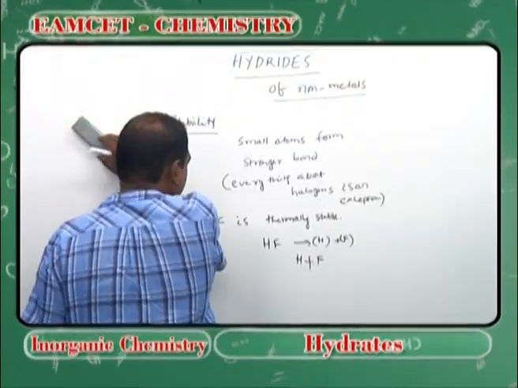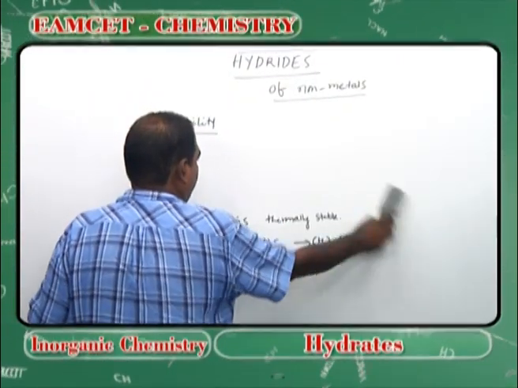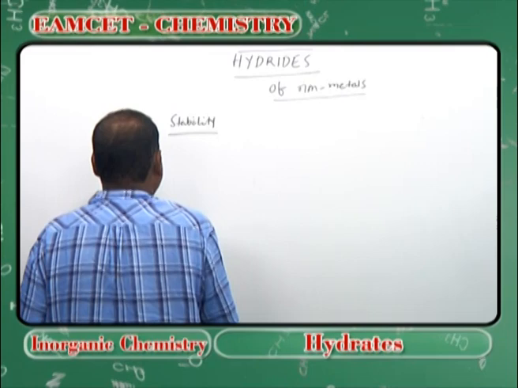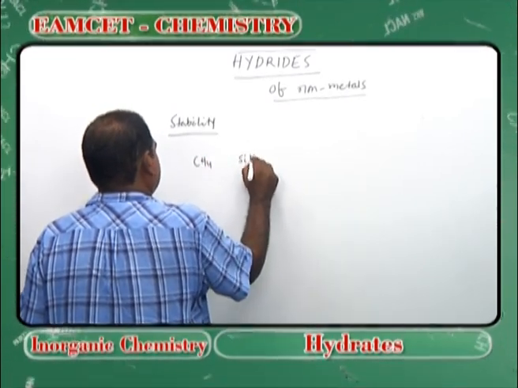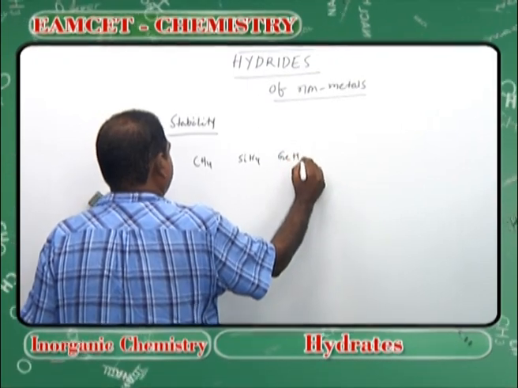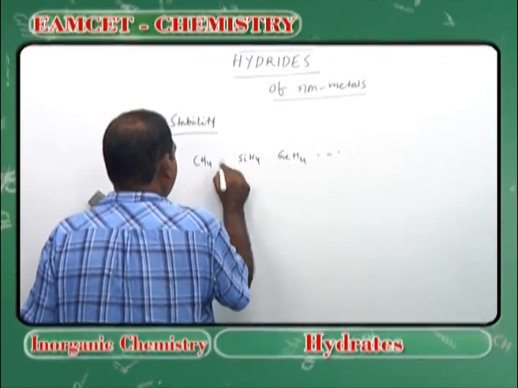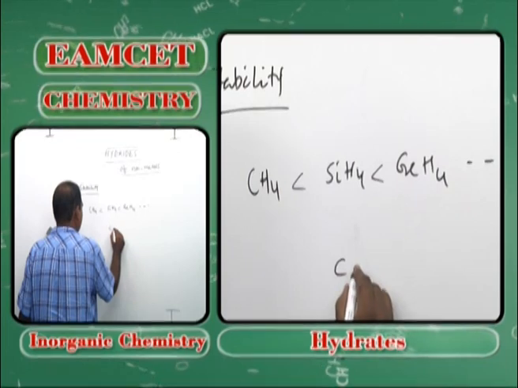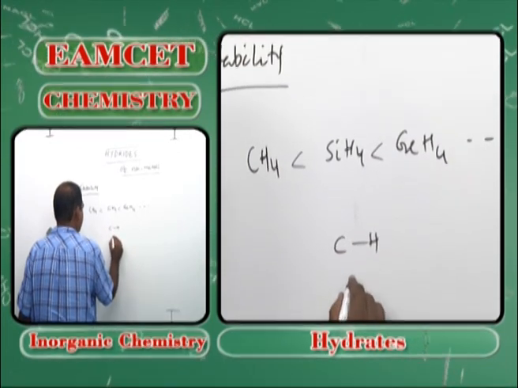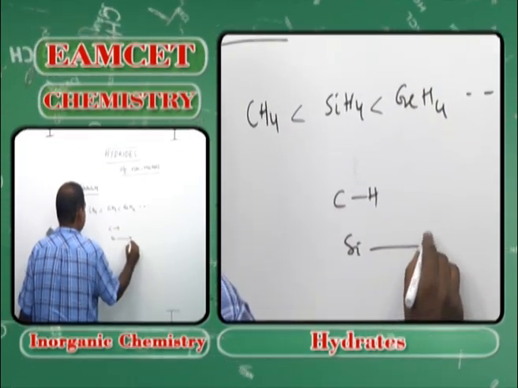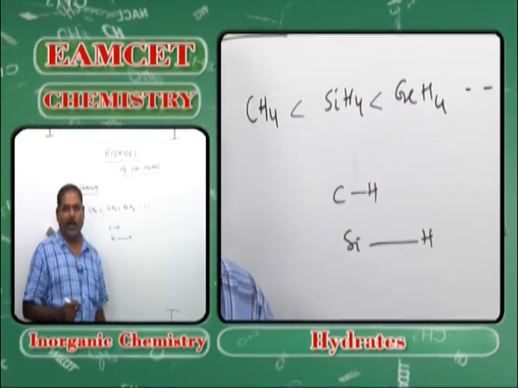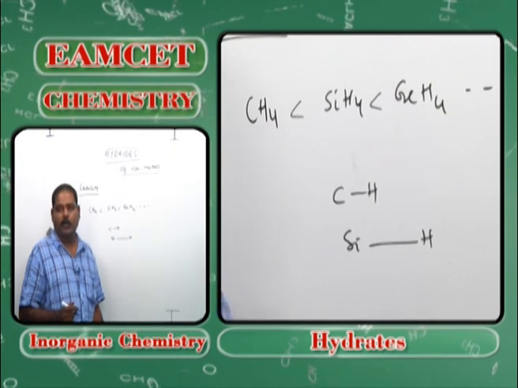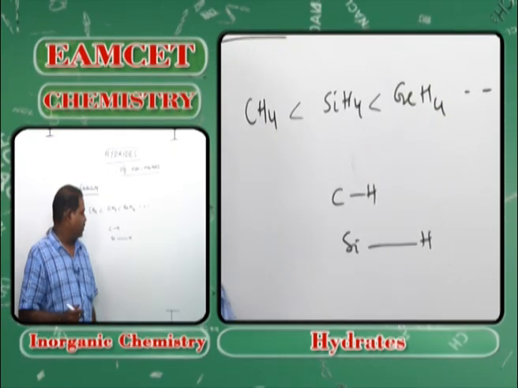So, the thermal stability of hydrides of the fourth group: methane, silane, germane. Now, predict which is most stable? Methane. Why? Carbon is a small atom, and the silicon hydrogen bond is a little longer. Smaller the size, greater will be the overlap and stronger will be the bond and more stable is the molecule.